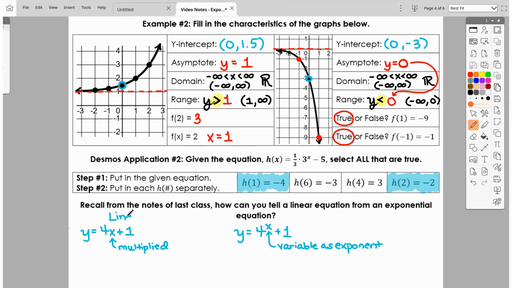Let's label it. It's going to have the variable multiplied here. For our exponential, our second example here, that's going to have the variable, our letter x, in the exponent position.